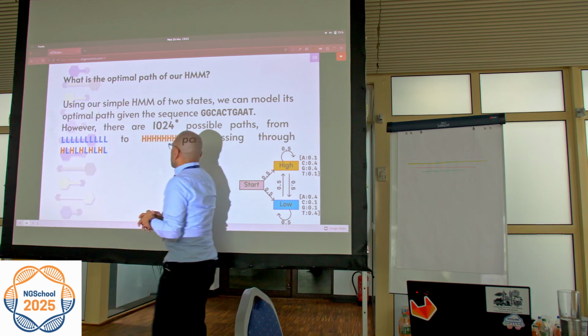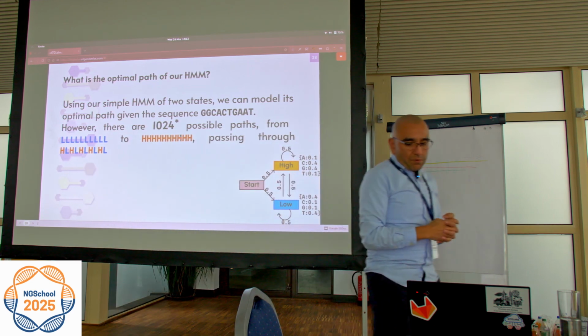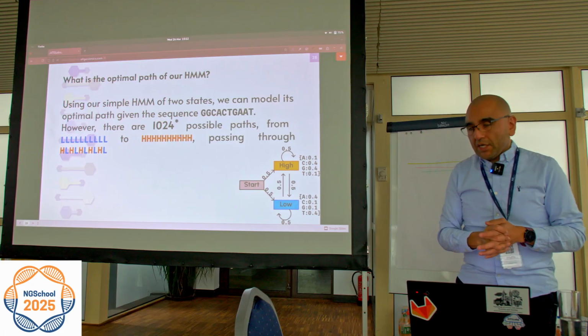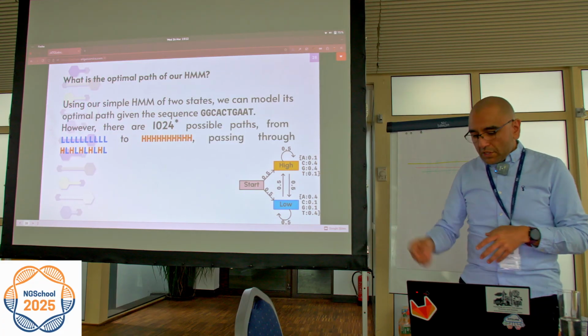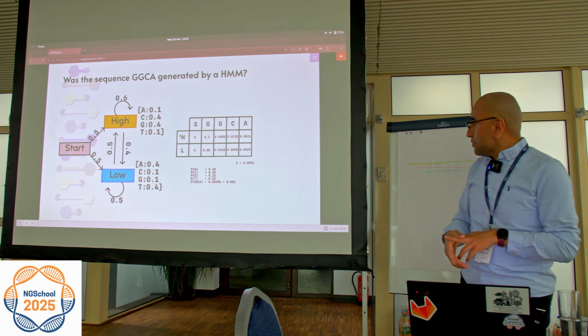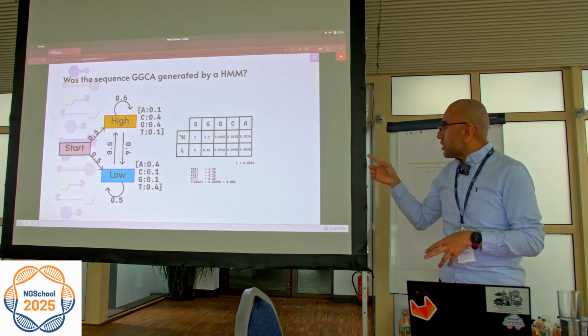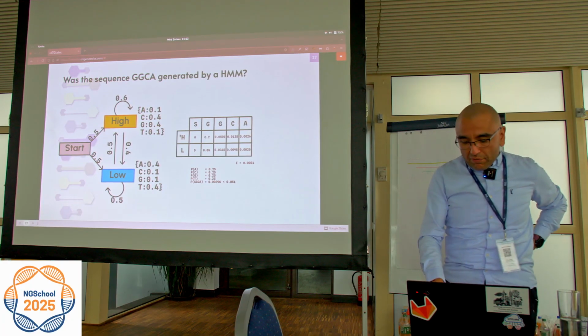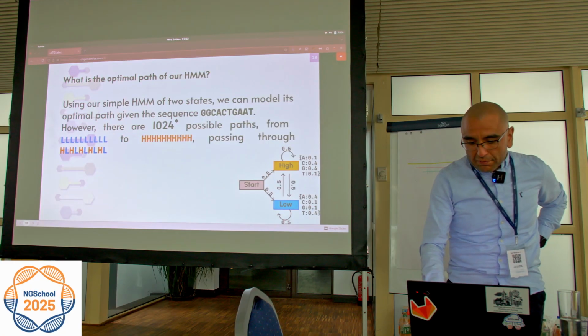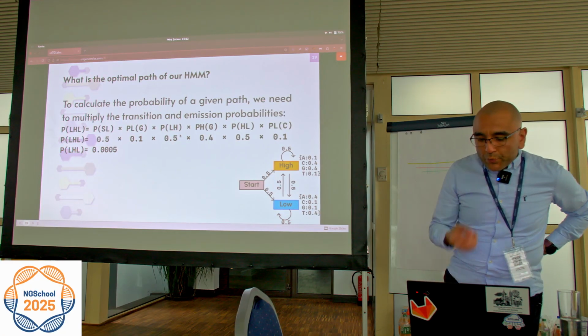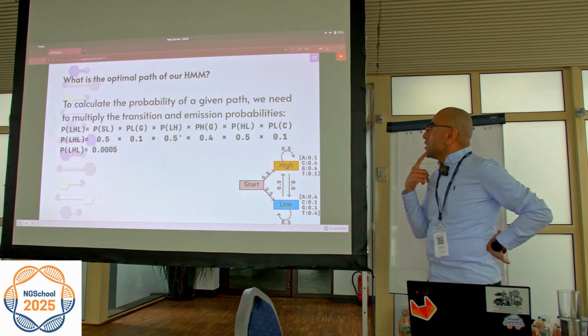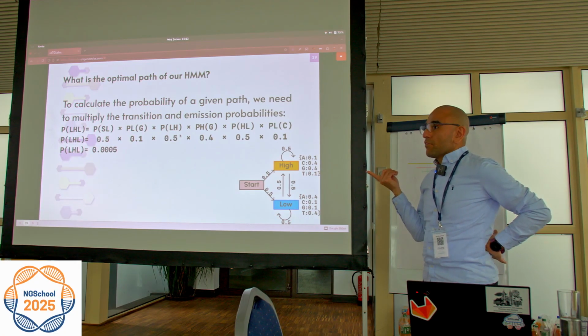So there are approaches for you to model this, and they are actually very similar to the forward algorithm here, where we are calculating the probability of a sequence being generated by the hidden Markov model. What we do is calculate the probability of a given path.